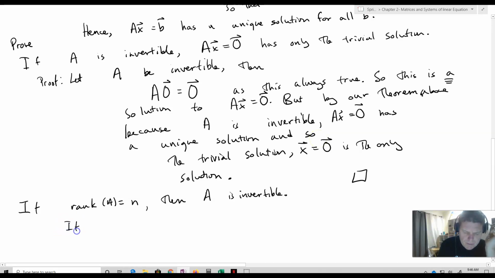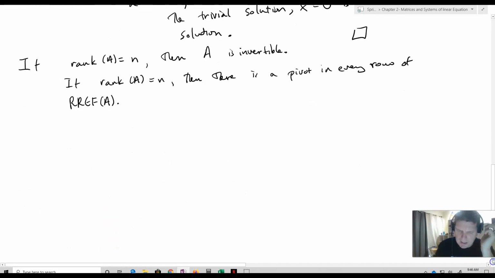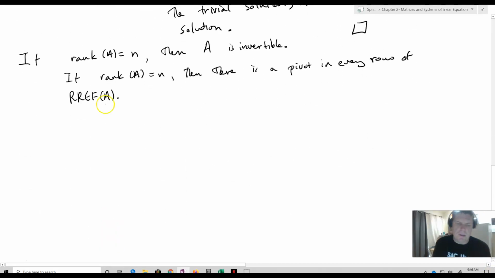So if the rank of A equals n, then there is a pivot in every row of RREF A. So basically it has no 0 rows. If we think about this, let's take an example.